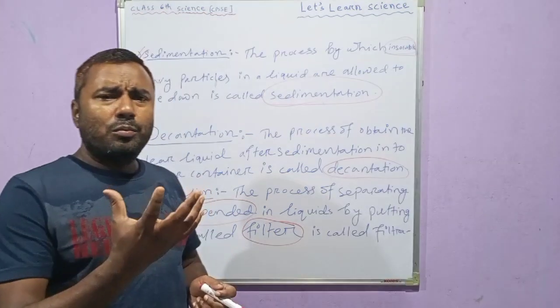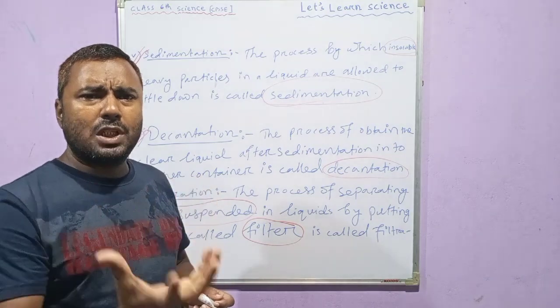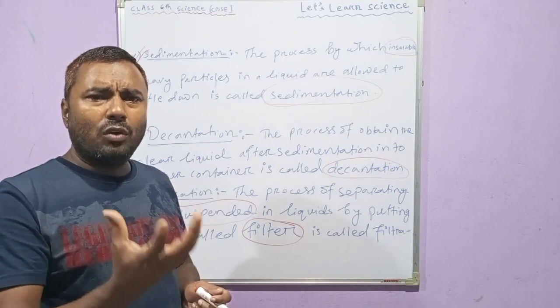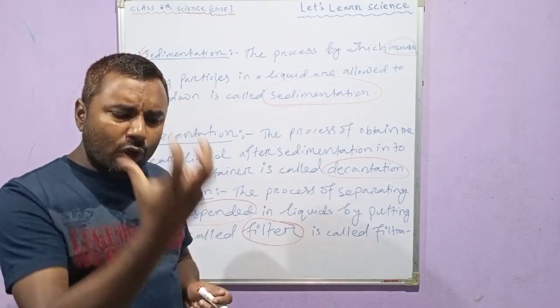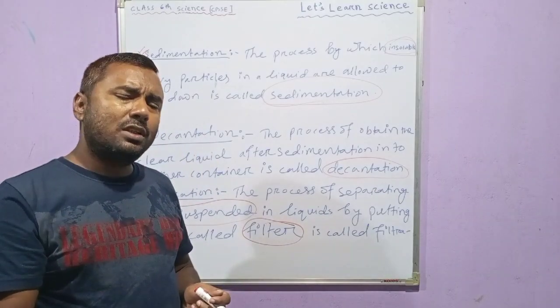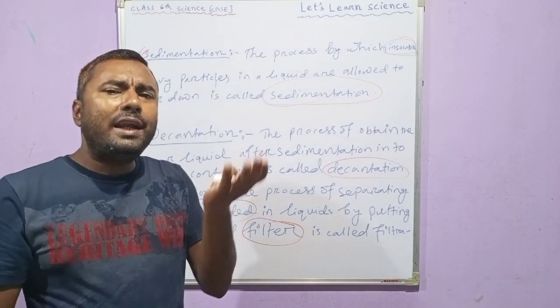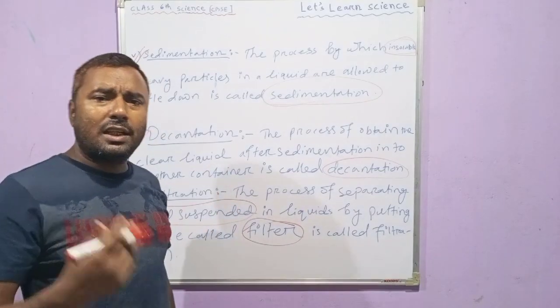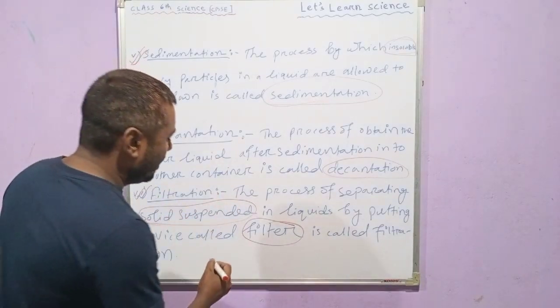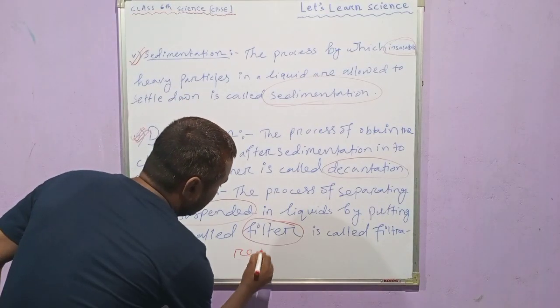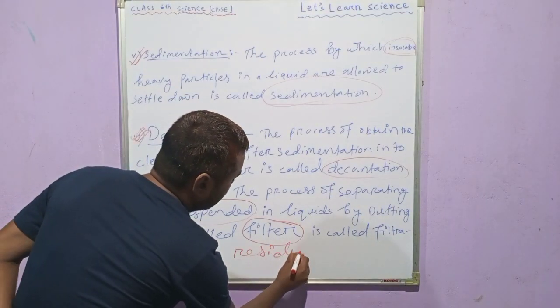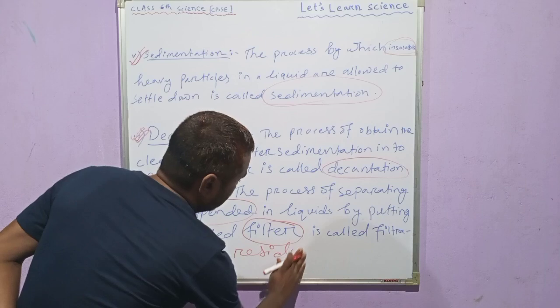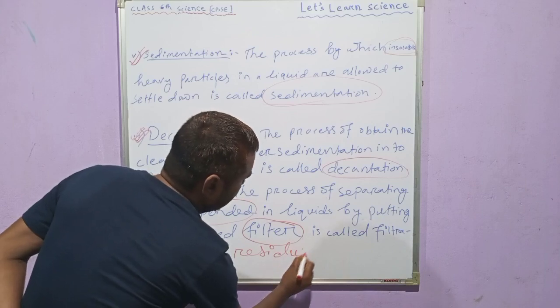In the perforations of the filter, what happens? They allow only the liquid to pass through, and the solid suspended particles are retained on the filter. The substance that is retained on the filter is called residue.